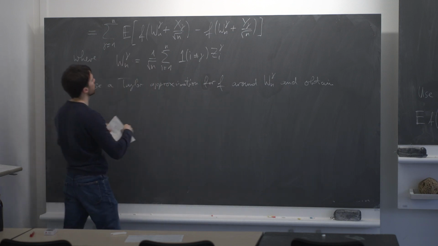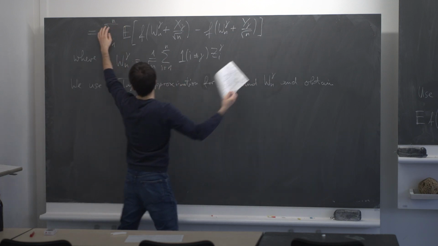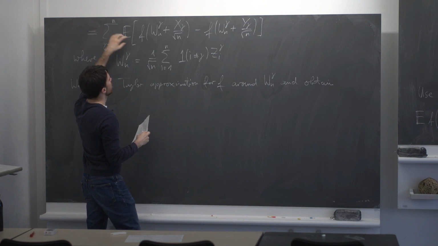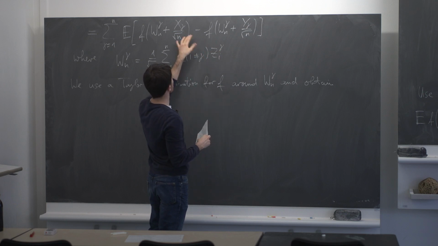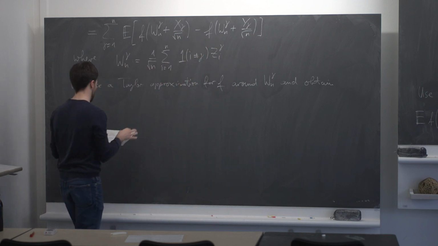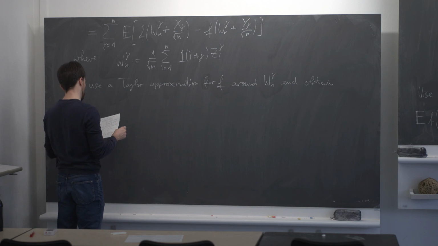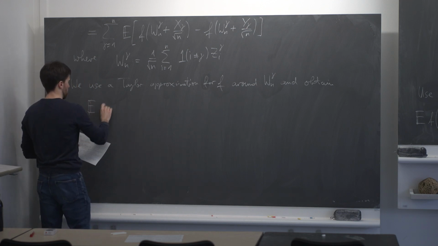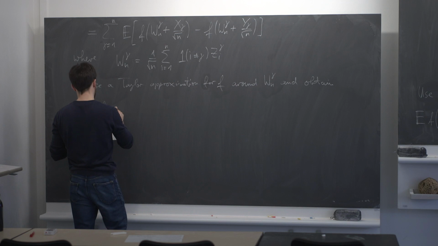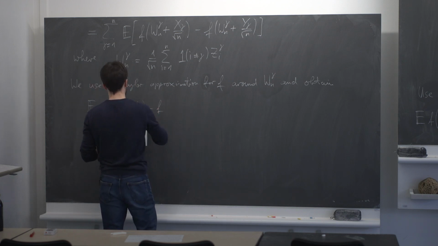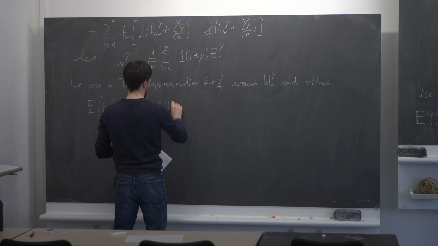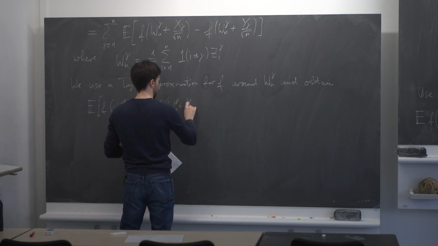So now we want to estimate each of these terms individually. As I said, we will lose a factor n here, but if the f is sufficiently nice, and because of our moment matching assumption, we will see that this is actually already small. Okay, so we start with this individual guy: W n gamma plus x gamma over root n minus the same thing with y.